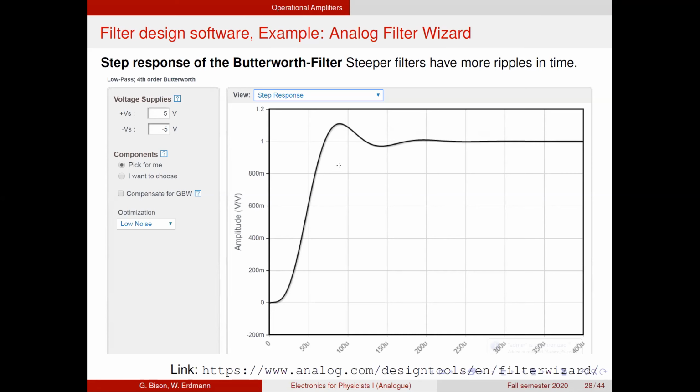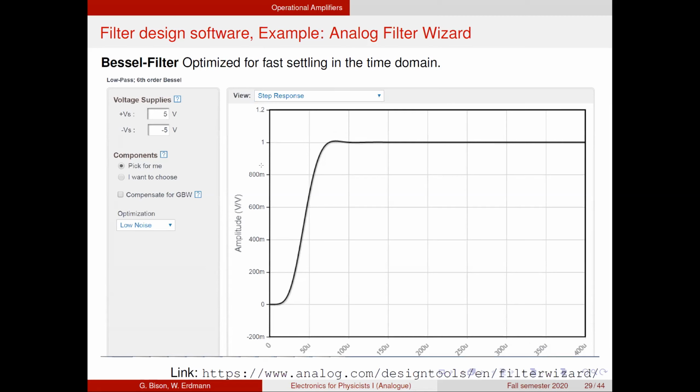But there's also a filter topology. If you say, okay, I cannot really deal with that. This is not the ideal behavior I want. For example, I need that this output signal settles as quickly as possible. Then you could go for a Bessel filter. And so this is optimized for fast settling.